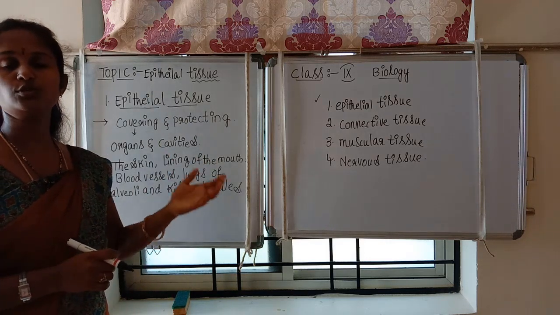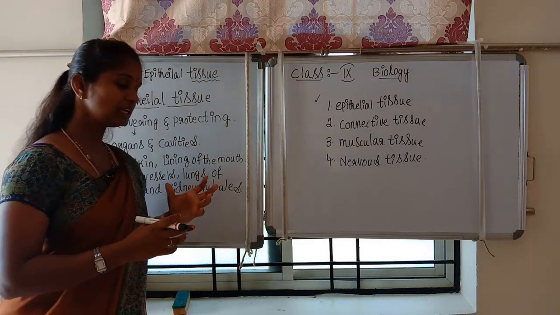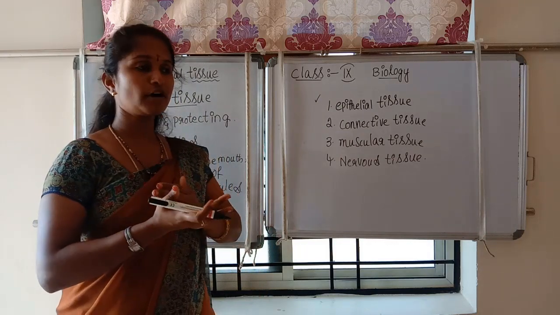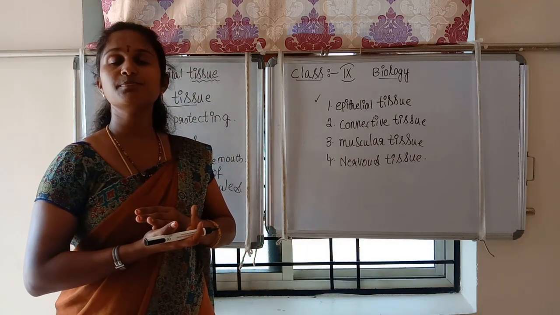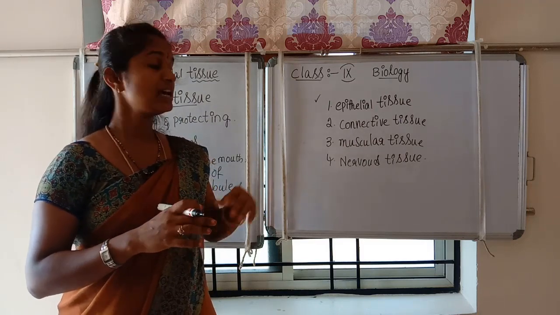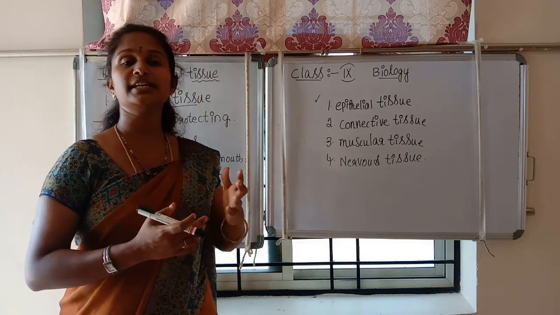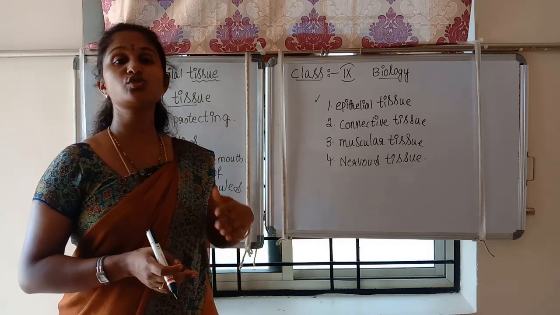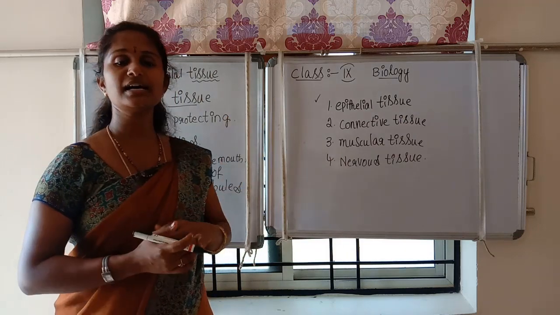These epithelial cells are tightly packed together to form a connective sheet with the help of a fibrous basement membrane, which we already saw in the last classes. Epithelial tissue also helps in the exchange of material from intracellular to extracellular spaces.